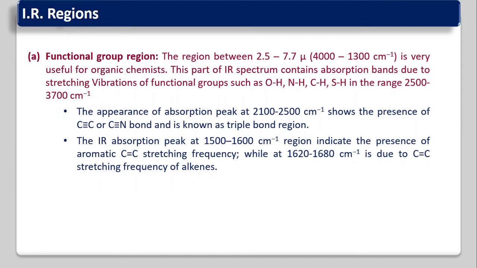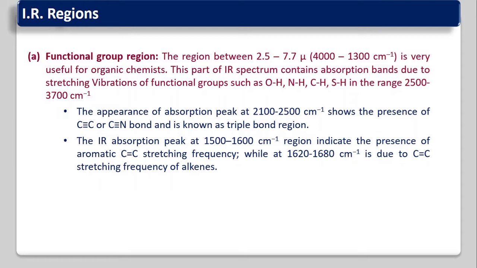So if you are getting one or two peaks between 1500 to 1600 centimeter inverse, that indicates that our compound contains a benzene ring, because these are for the carbon-carbon double bond stretching frequencies, while 1620 to 1680 centimeter inverse is due to carbon-carbon stretching frequencies of alkenes. So this is the differentiation.